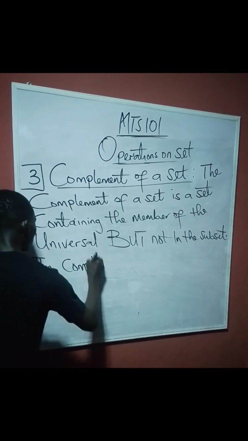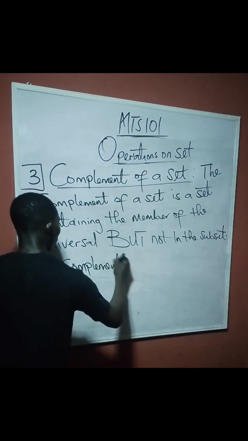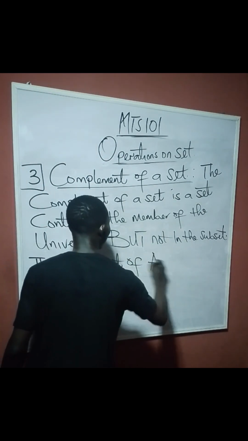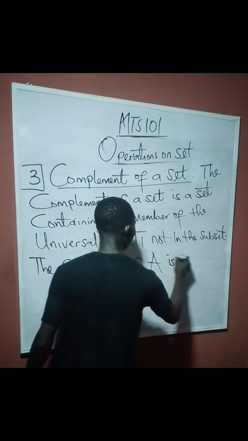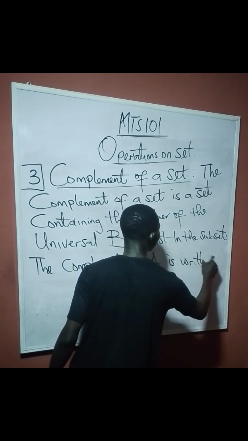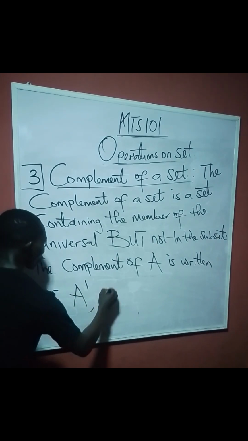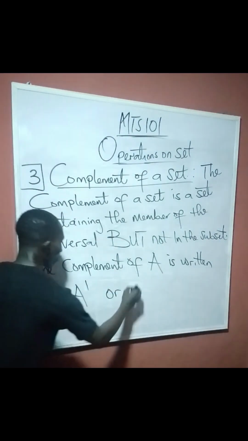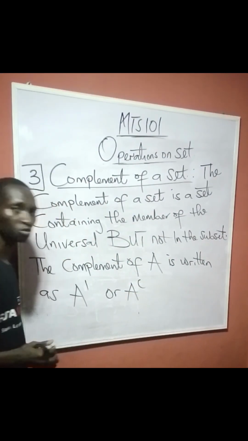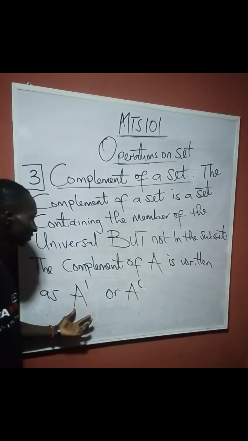Now, the complement of A, that is set A, is written as A prime, or A complement. These are the two symbols we use for representing the complement of a set.